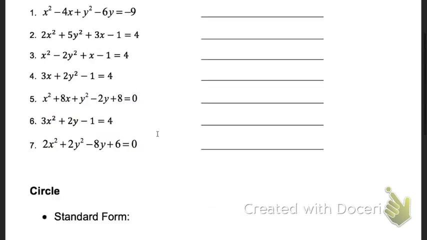So for a circle, this standard form. Wait, I have a question. You said an ellipse is the same sign but different numbers? They have to have different numbers? Mhm. Okay, never mind.